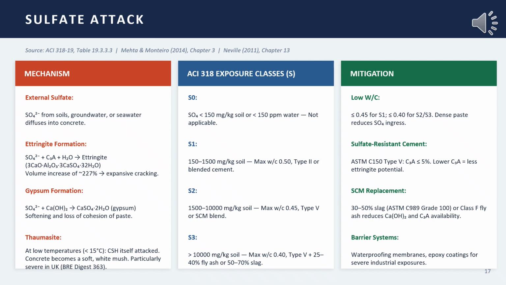Adding 30 to 50% Class F fly ash or slag provides additional resistance by consuming the calcium hydroxide that sulfate needs to react with.